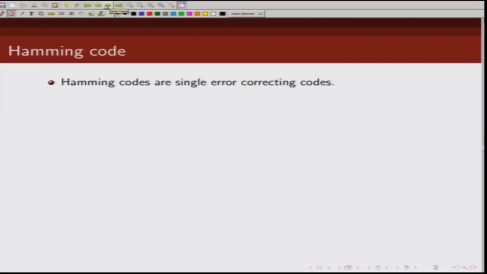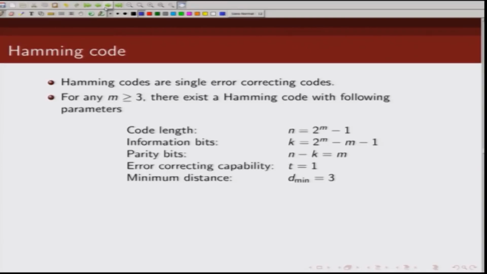Next we consider Hamming codes. So, Hamming codes are single error correcting codes, and they are described by these parameters. For any m greater than or equal to 3, the code word length is given by this. The number of parity bits is equal to m.